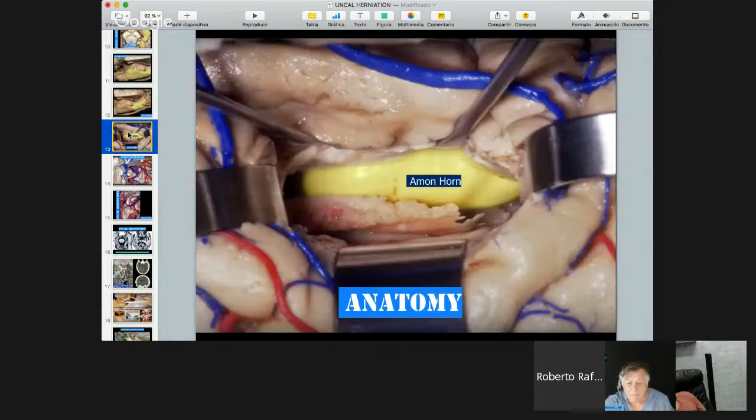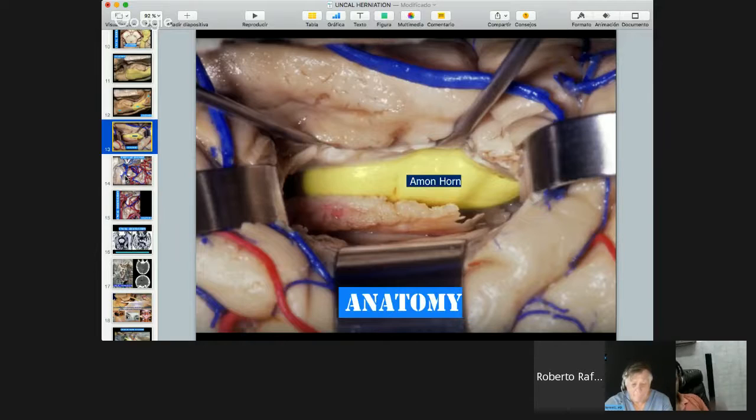When we open the lateral prolongation of the lateral ventricle, we can see the Ammon's horn here in yellow. This is the choroid plexus, and this is the interior of the ventricle.